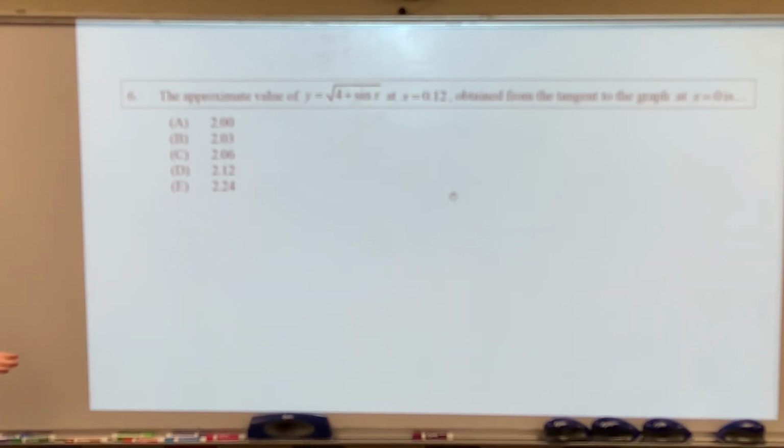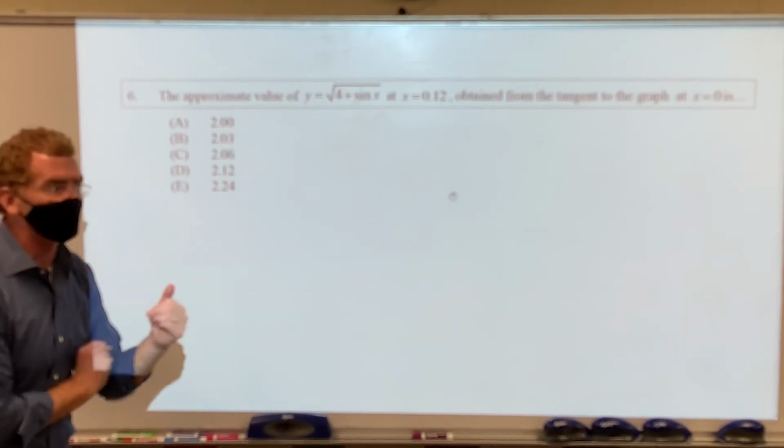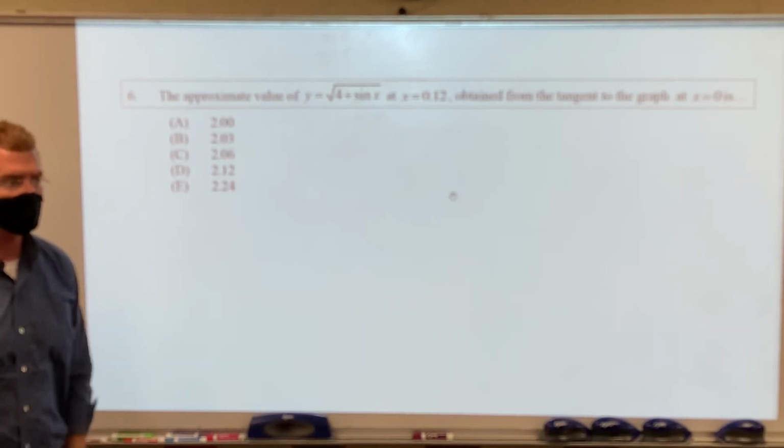So anybody off the top of their head know what sine of 0.12 radians is? I don't either. So if I'm trying to approximate that, I could use a tangent line to this ugly curve that I have no idea what it looks like. But I would need to know a value that I could plug in there and get a nice clean answer.